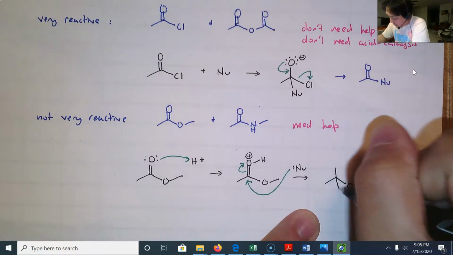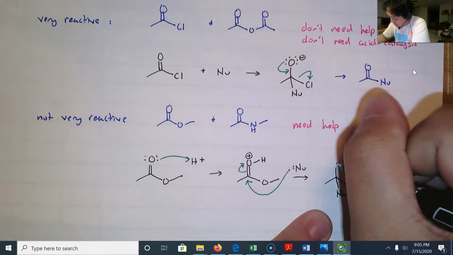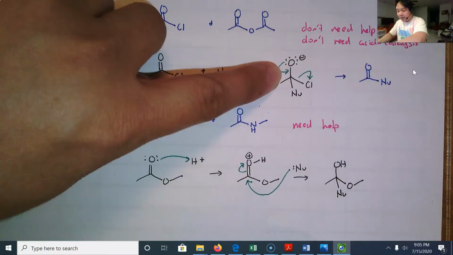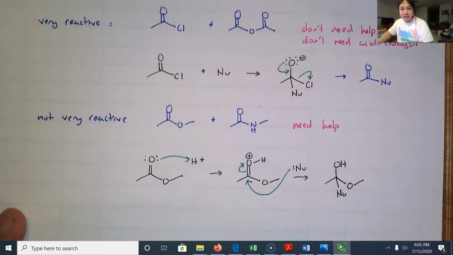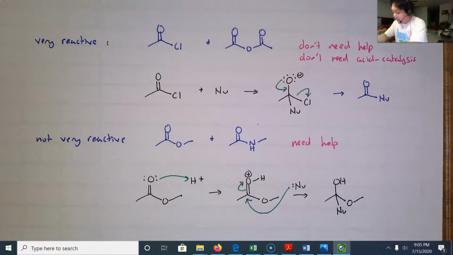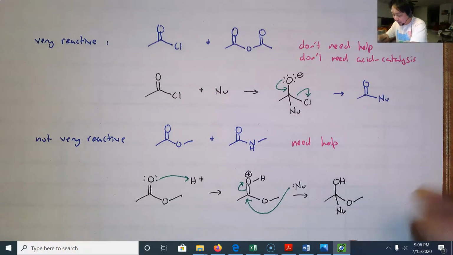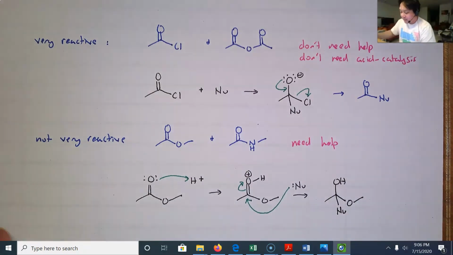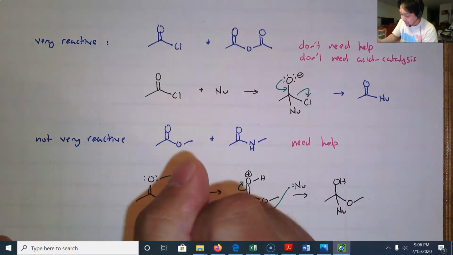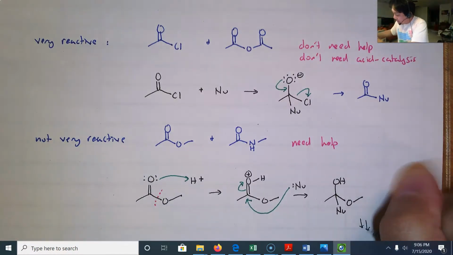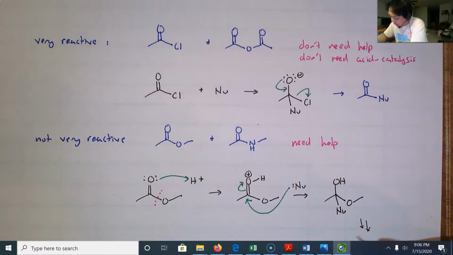How does that look like? Like that. See, this is tetrahedral. This is tetrahedral. But ultimately, we got to kick out the leaving group. Just keep in mind what the leaving group was. It was this one right here. Again, I'm not showing you the full mechanism, but I am showing you the final product.